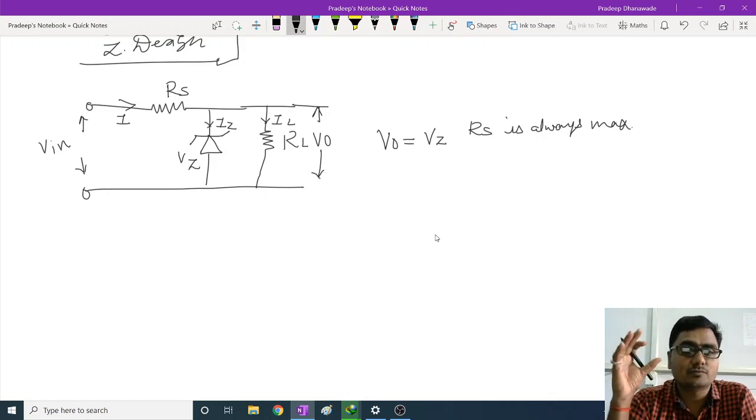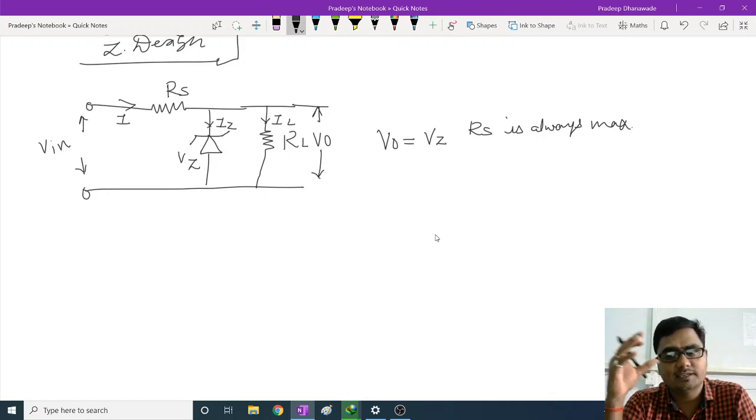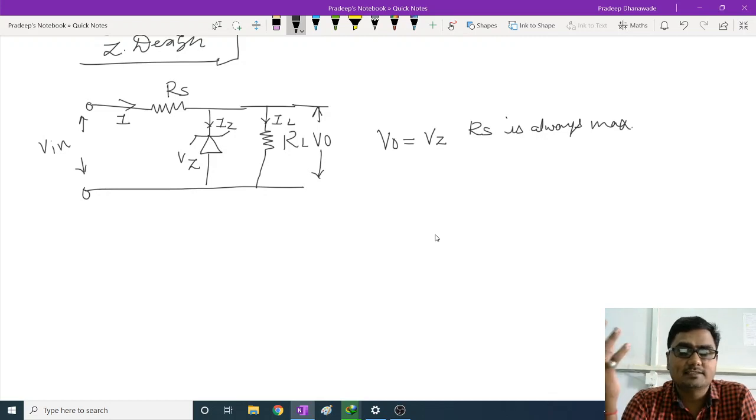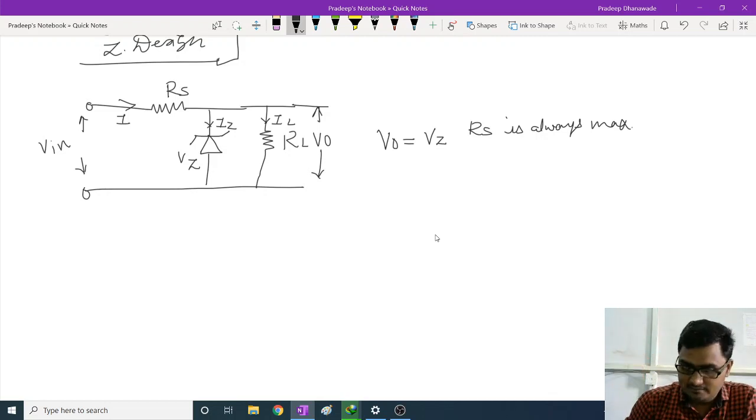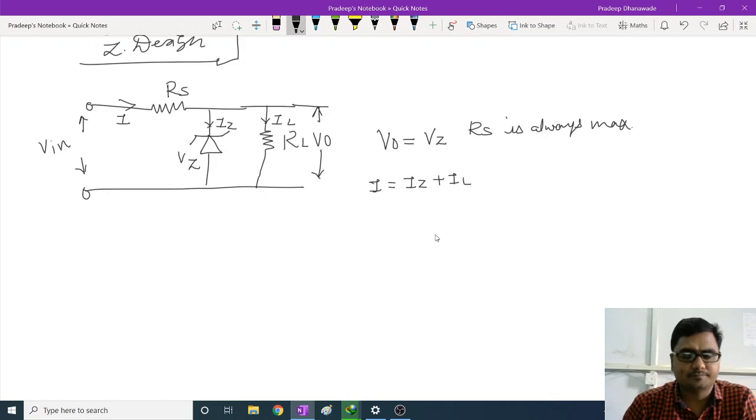So to get the voltage stability factor minimum, we have to maximize the resistor RS, which is in series with the input voltage. So RS is always maximum. Now this equation is known to us: I is equal to IZ plus IL.